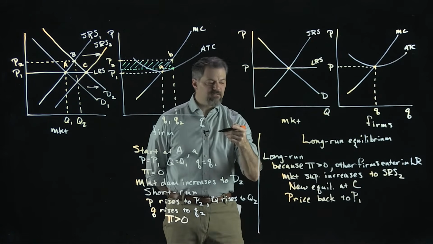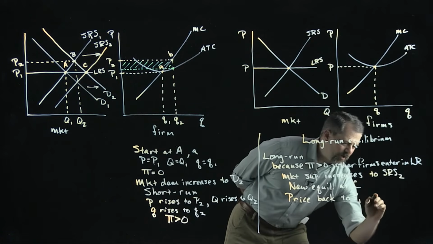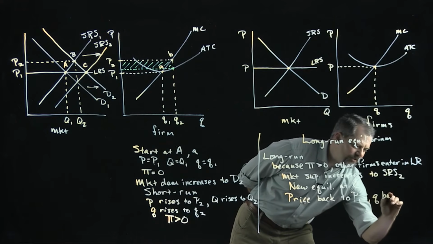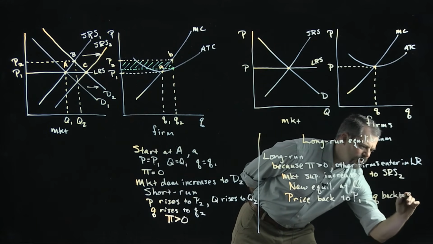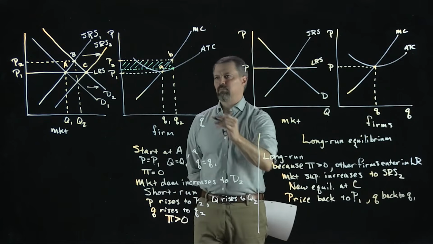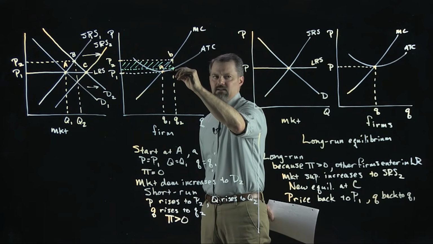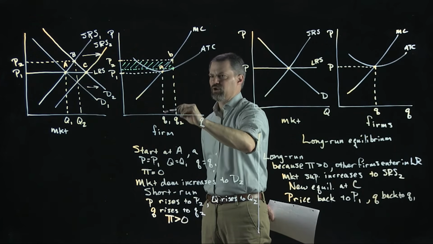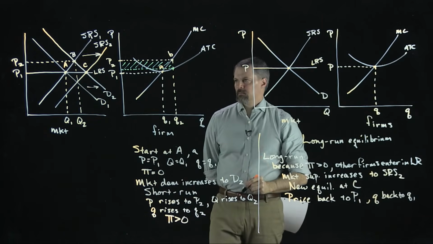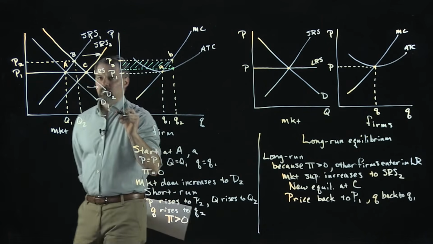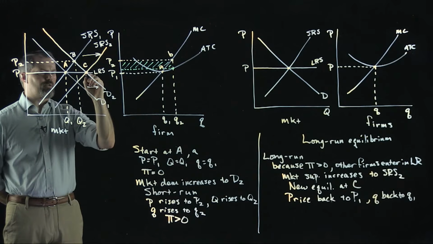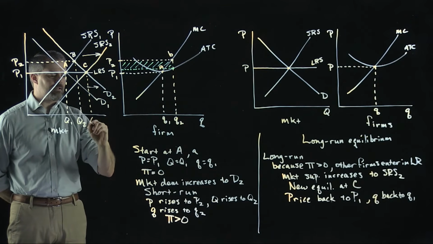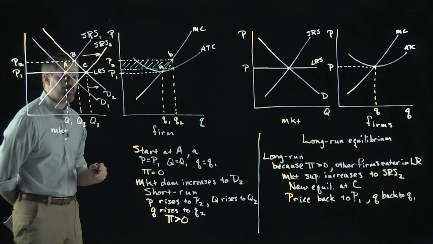Let's talk now about our firm quantity. Our firm quantity, Q, is back to little q1. Each firm is right back to point A, producing a quantity of Q1. Let's talk about our market quantity. Here's our new long run equilibrium in the market. Our market quantity is up here at Q3.